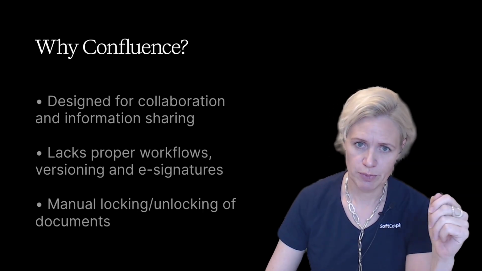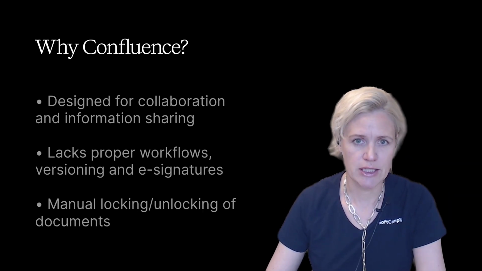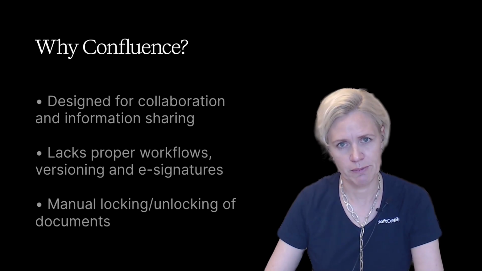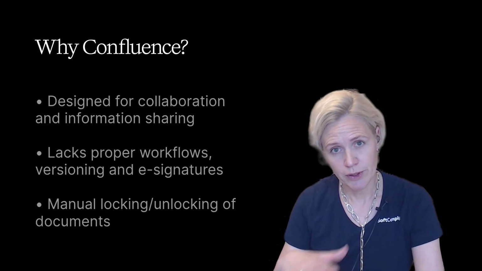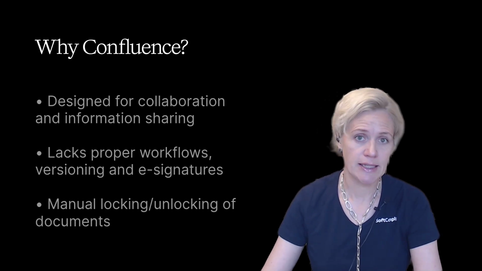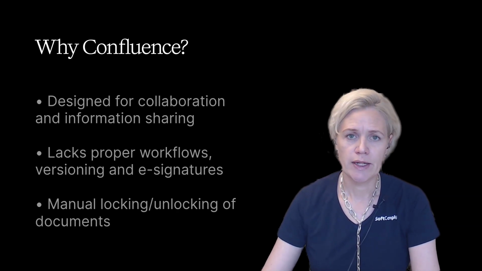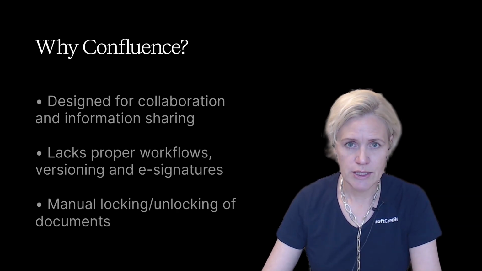Confluence is perfect for company intranet, information storage, and distribution, but it does not tick all the boxes that are needed for a solid document management system. For companies working in the regulated industries like medtech, aviation, automotive, and so on, this is not clear enough. And this is why SoftComply Document Manager was developed.